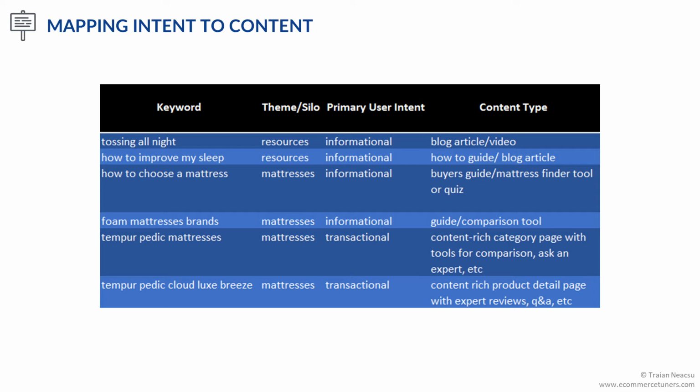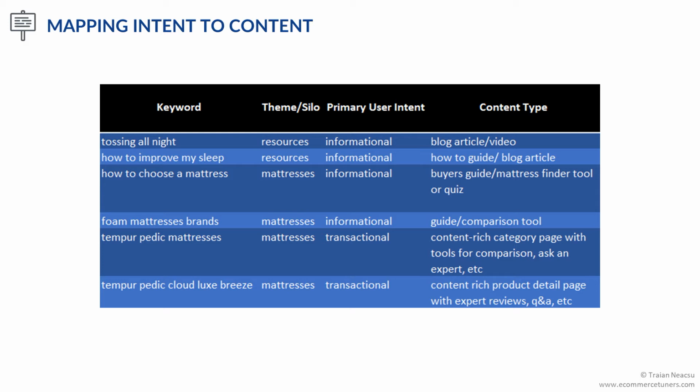Once she found the type of mattress that seems to solve her problem, she starts investigating foam mattresses brands. Once she found a brand that she trusts, she will look for their products by searching for Tempur-Pedic mattresses. This search query contains the brand and the category of products. Finally, she looks for the specific product she intends to buy, Tempur-Pedic Cloud Luxe Breeze.